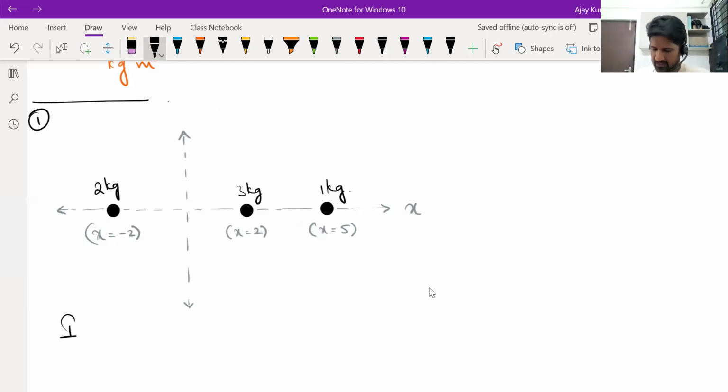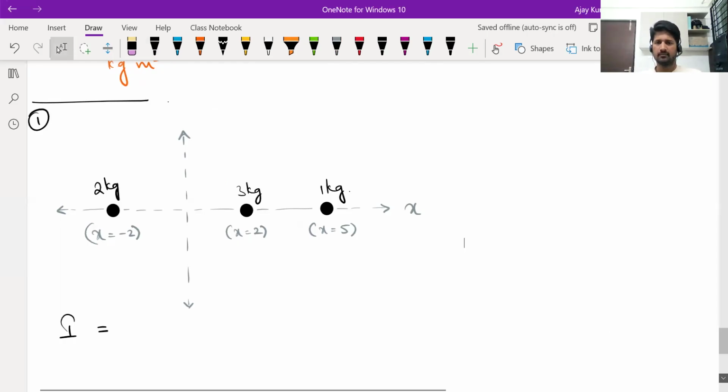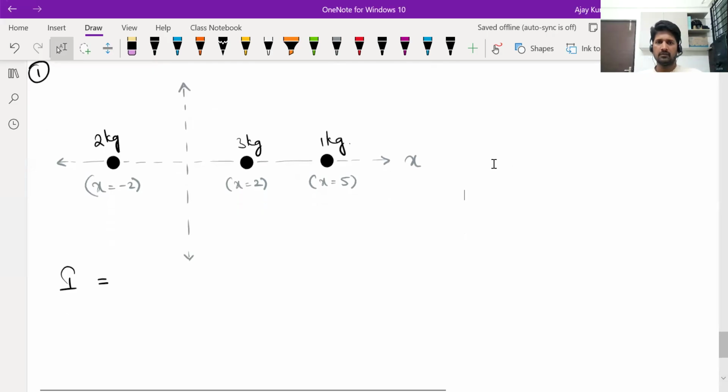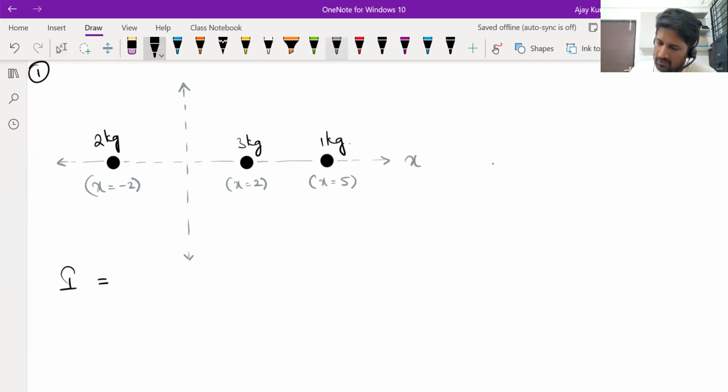So it's a very simple addition. M1 R1 square plus M2 R2 square plus M3 R3 square. Do it, all of you. I want answers from everyone. You just have to take each mass and multiply it with the square of the distance from the axis. Now I have to tell you which axis I want. Assume this is the axis, the y-axis.